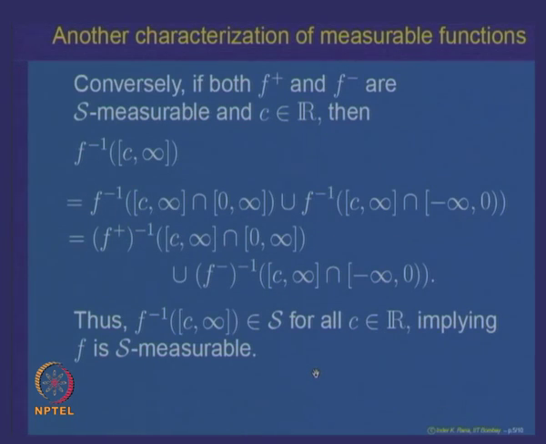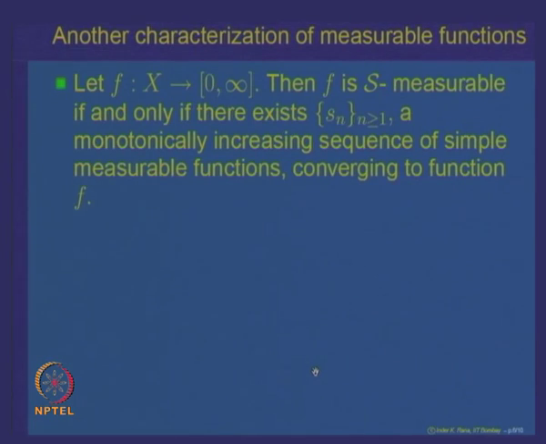So, we have shown that a function f is measurable if and only if its positive part and negative part both are measurable functions. Next, let us look at some more properties of measurable functions.